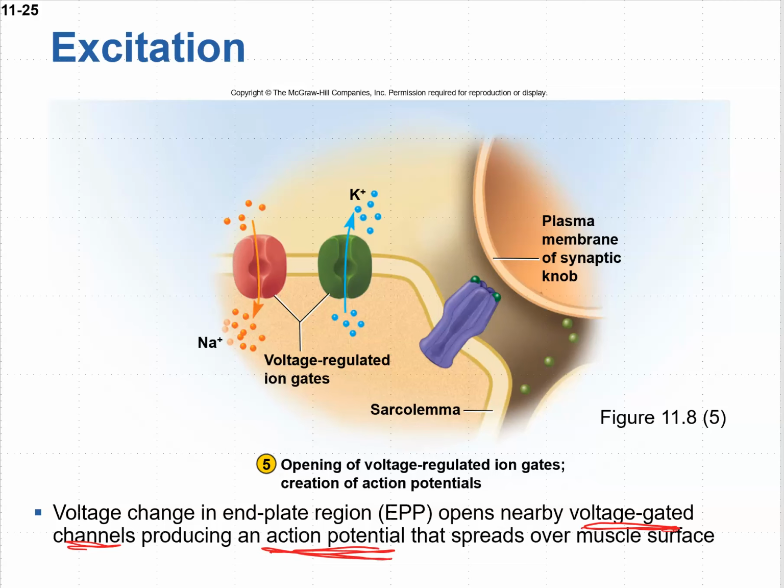So more sodium rushes into the cell, which causes the cell to depolarize, and this creates an action potential, which is sent down the sarcoplasmic reticulum.